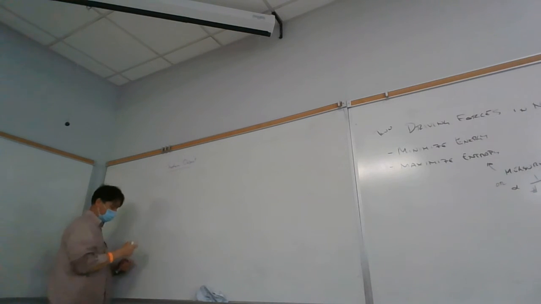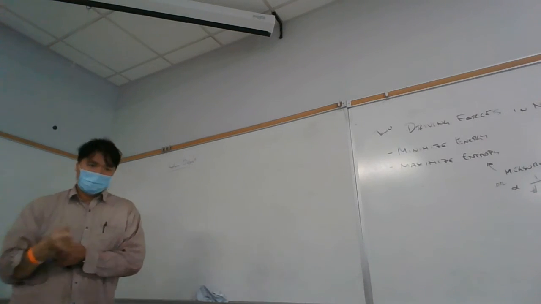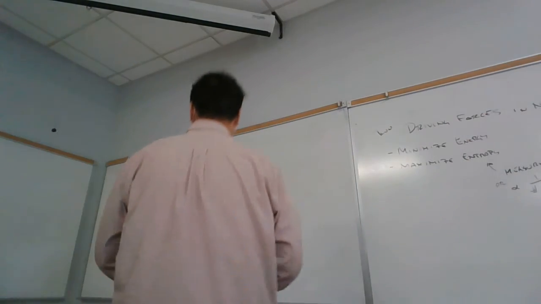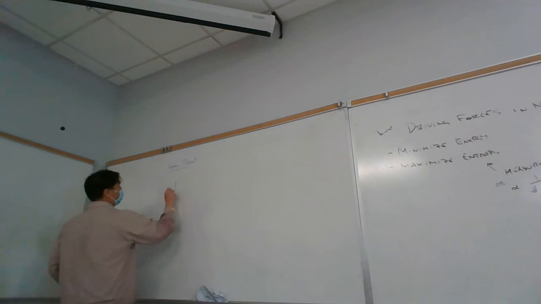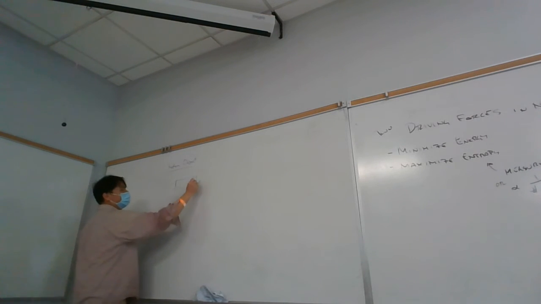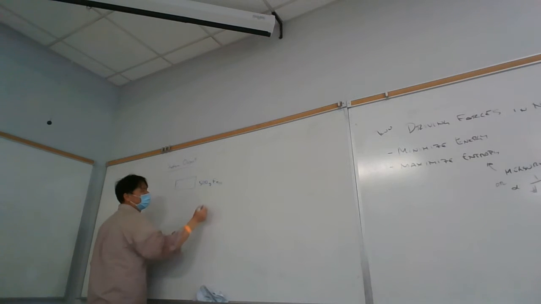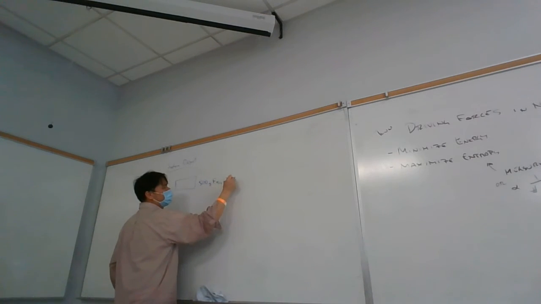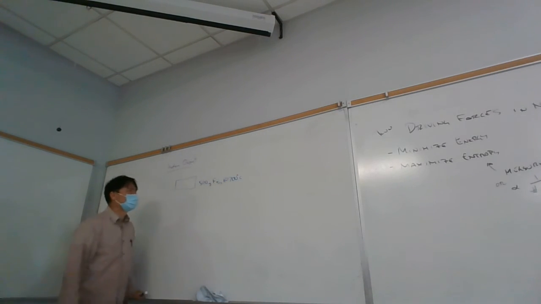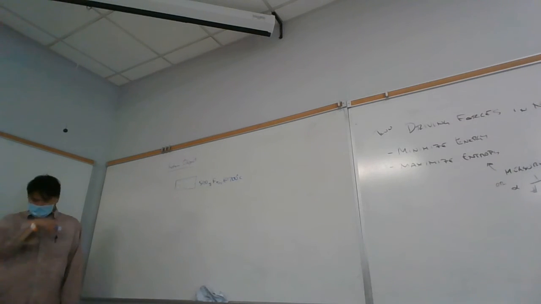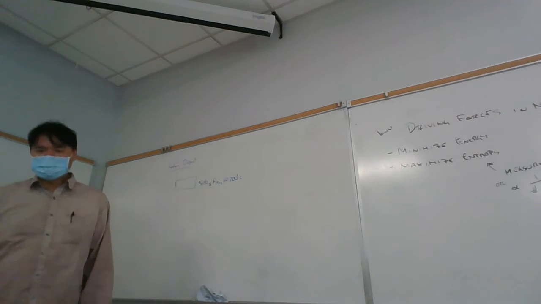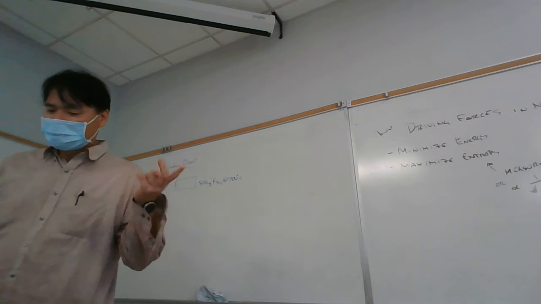So let's say my object is 50.0 grams of iron solid, and it's going to be at 200 degrees C. So it's a hot piece of iron, so that means it's high energy.